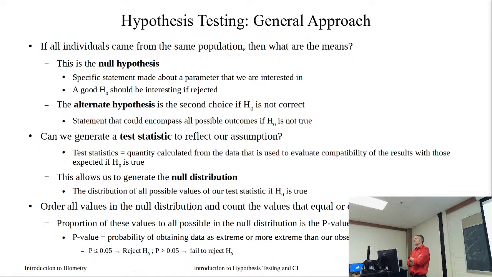But if we can say that they are not different, then it allows us to ask the next questions of, well, why? What is different? Which one's larger? Which one's smaller? So that alternate hypothesis is that second choice. So in all cases, our null hypotheses for all of our tests will be no difference. All right? So null hypothesis in all cases is no difference.